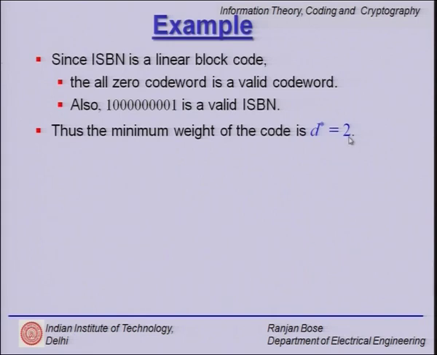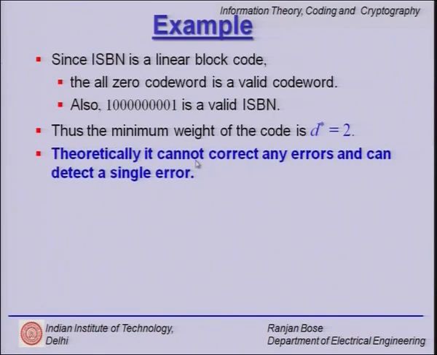It can detect, but in principle it should not be able to correct a single error, because error correction requires D star to be 3 for a single error correction. Okay. So, are we looking at a useless code? Theoretically, it cannot correct any errors and can only detect a single error. So far so good, but can we extract more out of it?